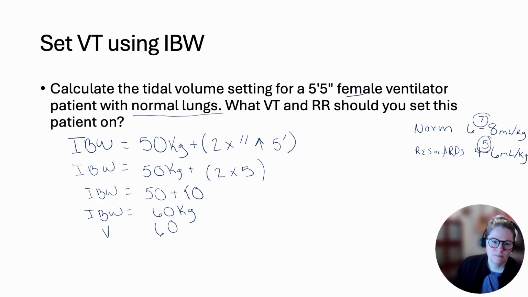We're solving for tidal volume now. 60 kilograms times 7, again, milliliters per kilogram. And that is going to give us a tidal volume of 420 milliliters.